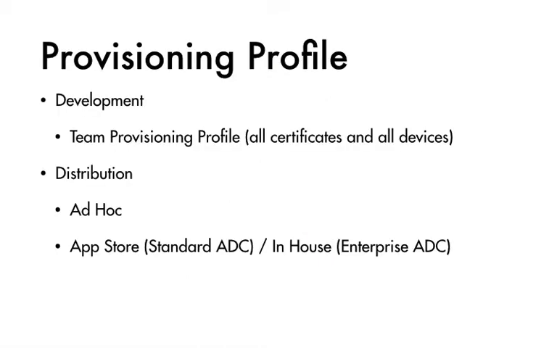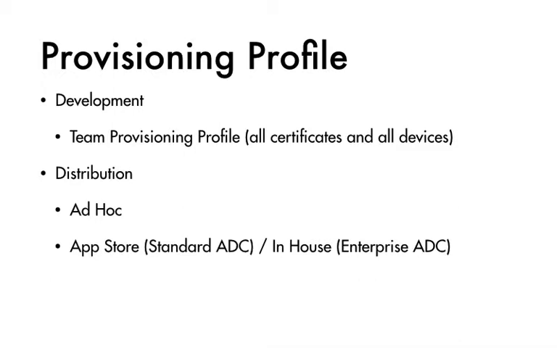Okay, so this is the team profile. What is a team profile? A team profile matches all the devices and all the apps, and it contains all the certificates in your team.